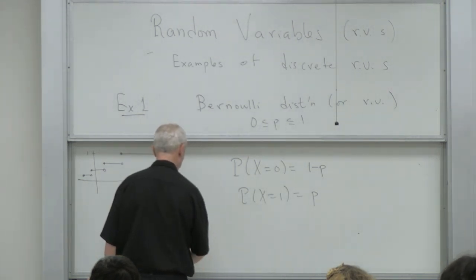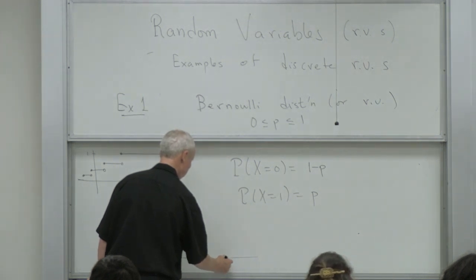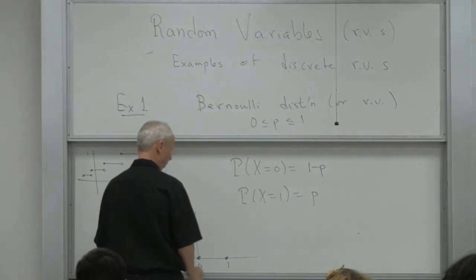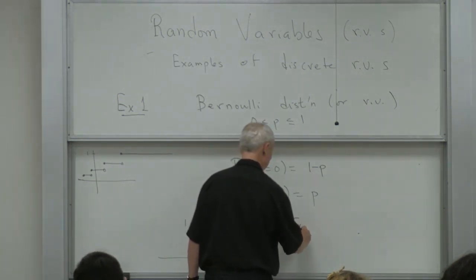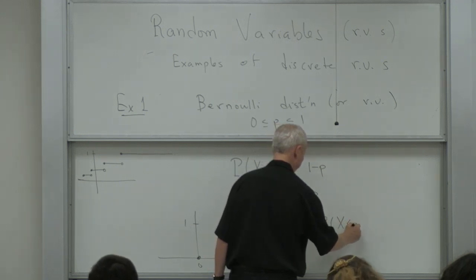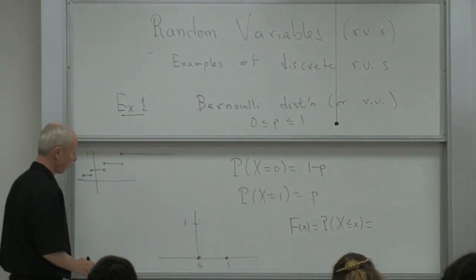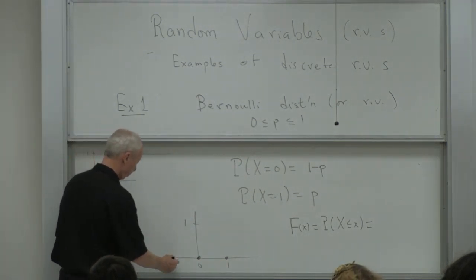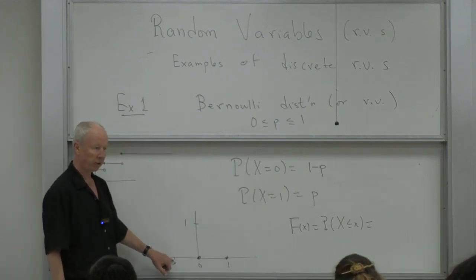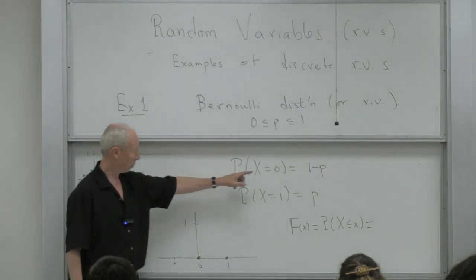The distribution function will look like this. If little x is over here, what's the probability that my random variable is below this value? Well, what values can the random variable have? 0 or 1?